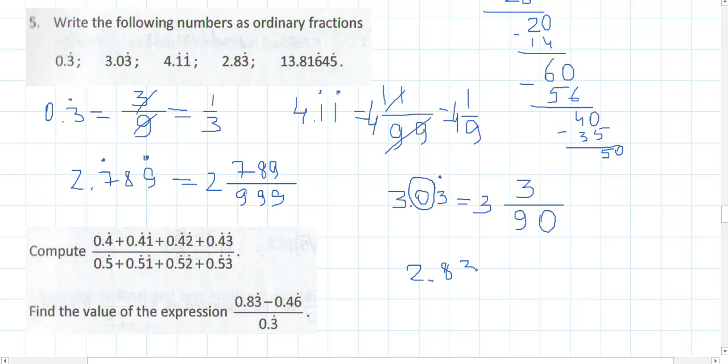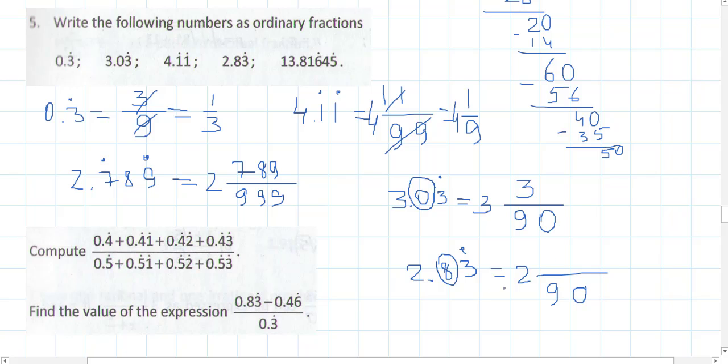And for example, the next one, 2.8 and 3. So here we have also only one, 2, it's the integer part, only one figure in the repeating part. It is just one 9 in the denominator, and only one figure after the point till the repeating part. It is only one figure, that's why only one 0 here.